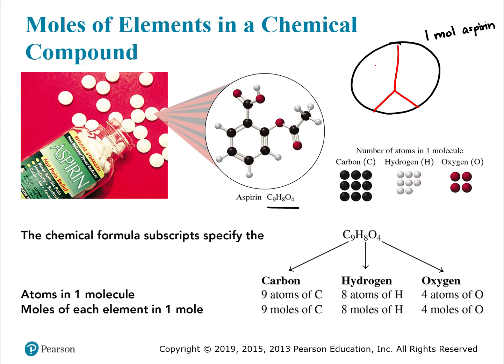And instead of saying atoms, I can say 9 moles of carbon, 8 moles of hydrogen, and 4 moles of oxygen. That is what 1 mole of aspirin is made of. We can break it down into the smaller parts.